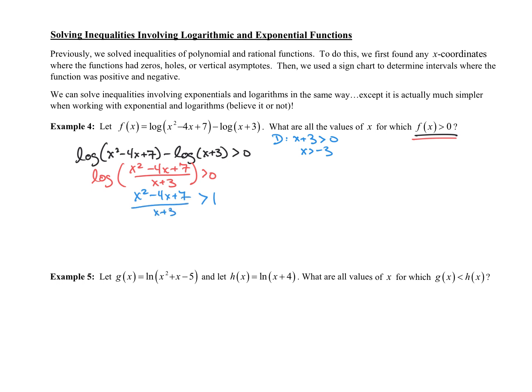Again, how did we get that 1? 10 to the power of 0. All right, and now how do we get to our x? We first need to multiply by x plus 3. And so now we're left with x squared minus 4x plus 7 is greater than x plus 3.